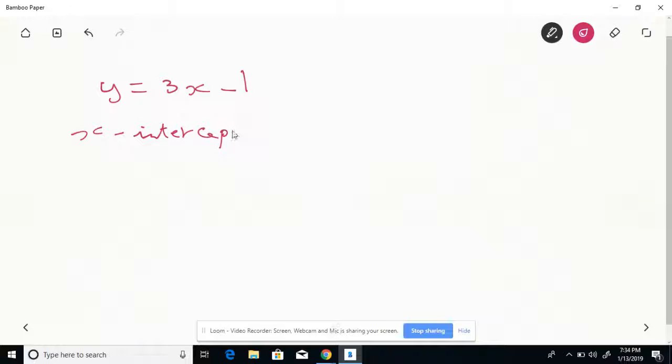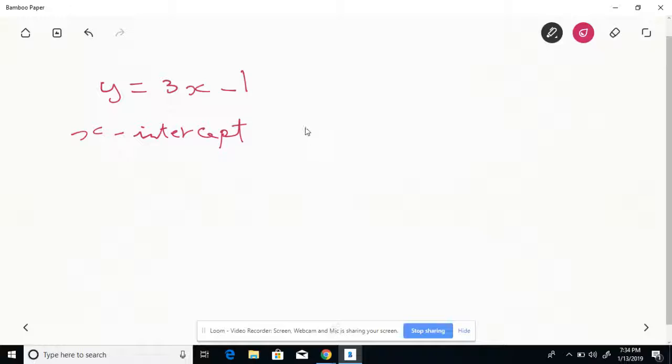As I said before, we have the equation y equals 3x minus 1 as an example. Now I want to find the x-intercept. What are we going to do?